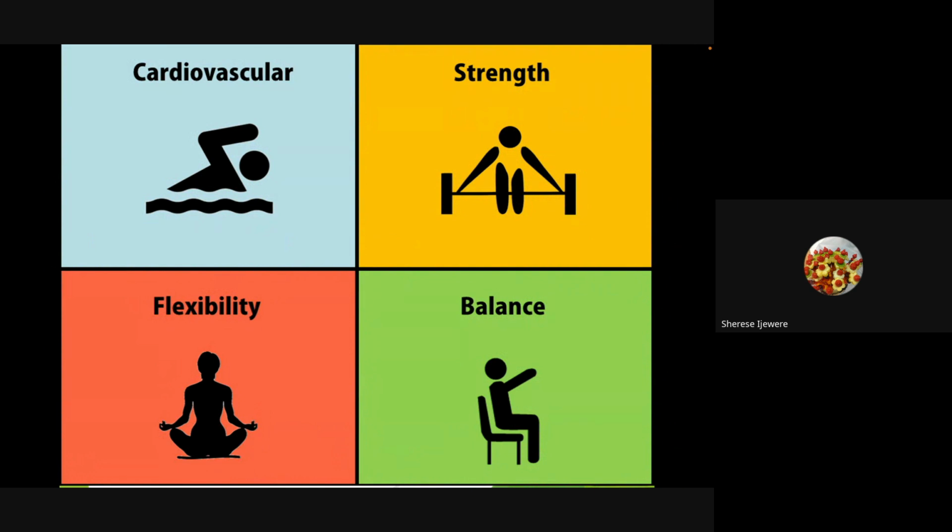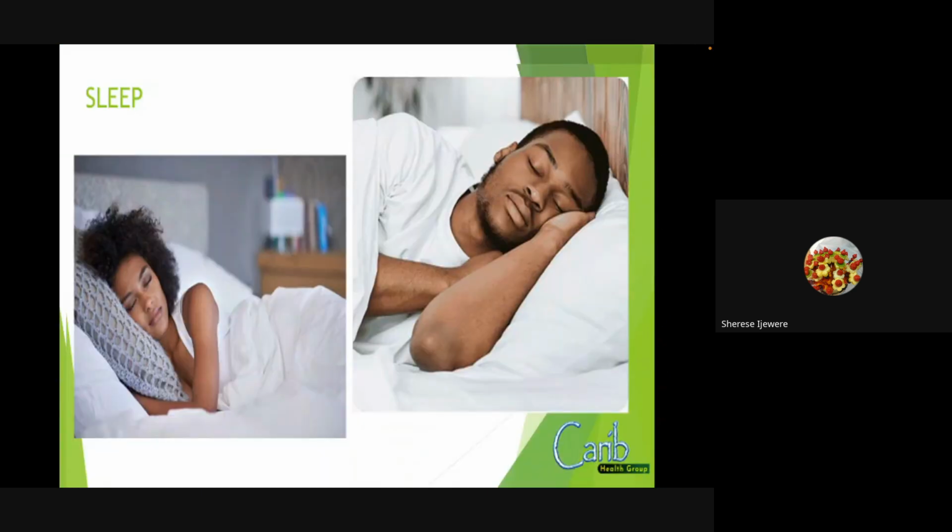And this can be done through strength training, cardiovascular, flexibility, balance, just giving them as much knowledge as possible. And so they can also keep a little journal so that it helps them to be accountable to what's going on. Because at the end of the day, we truly can't just function like we're robots. You really have to be in tune and take a step back and look at what's going on.